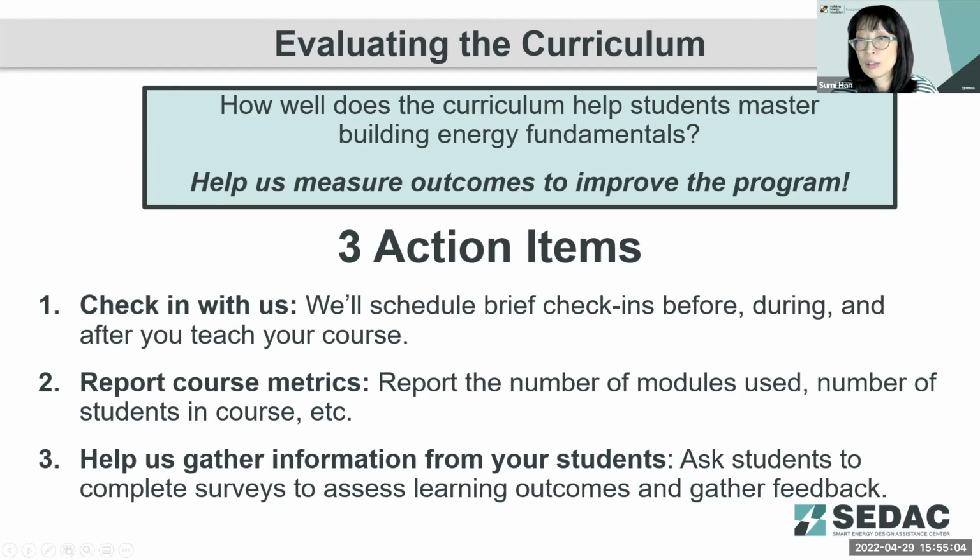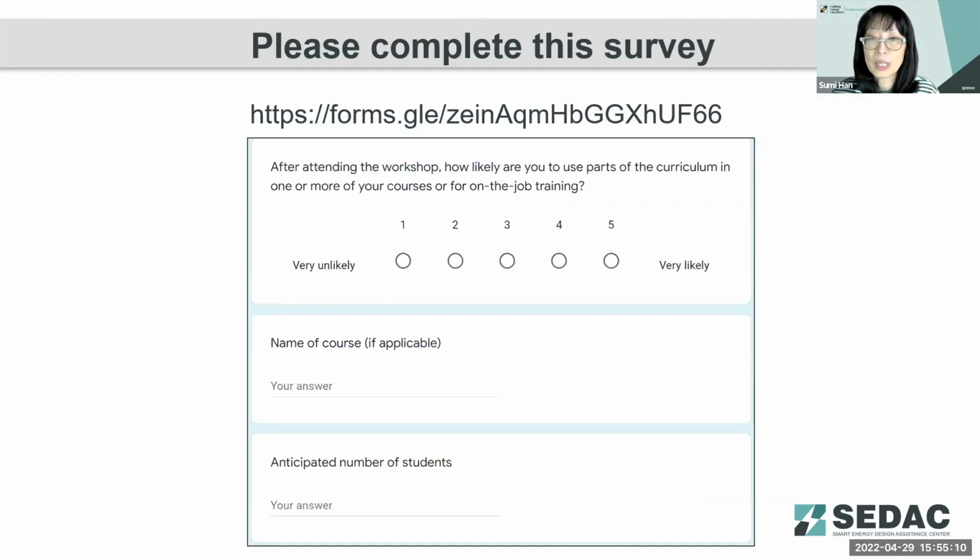And if you look at the chat box, there's a link to the survey. So please click that link and give us feedback about today's workshop. That would inform us how to improve our workshops, our curriculum, and our program.